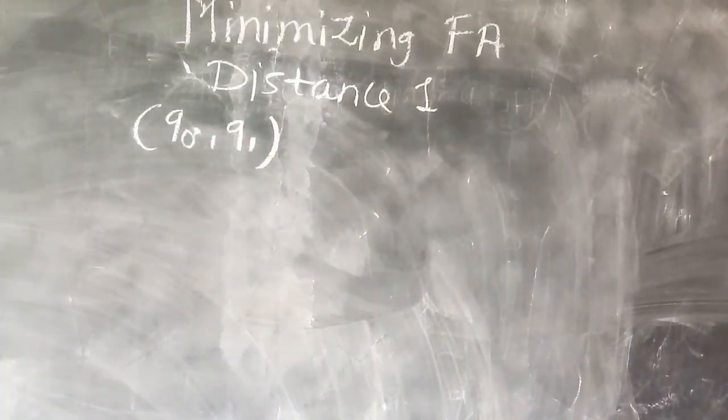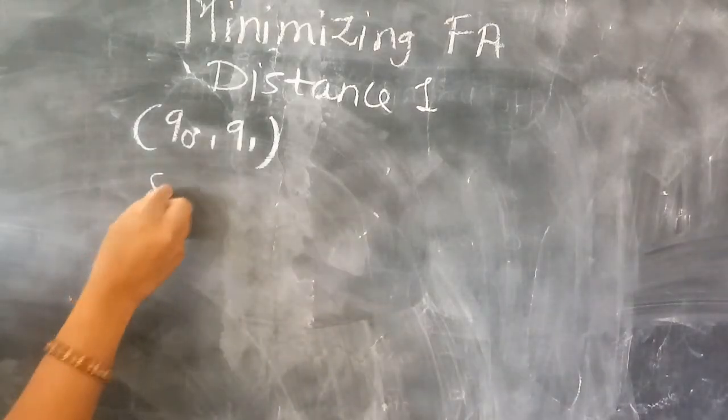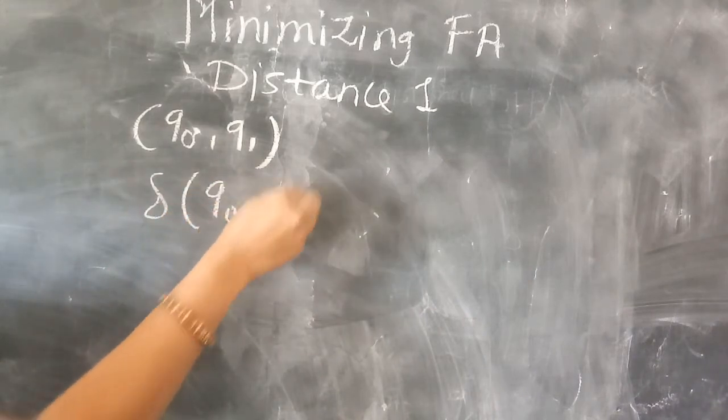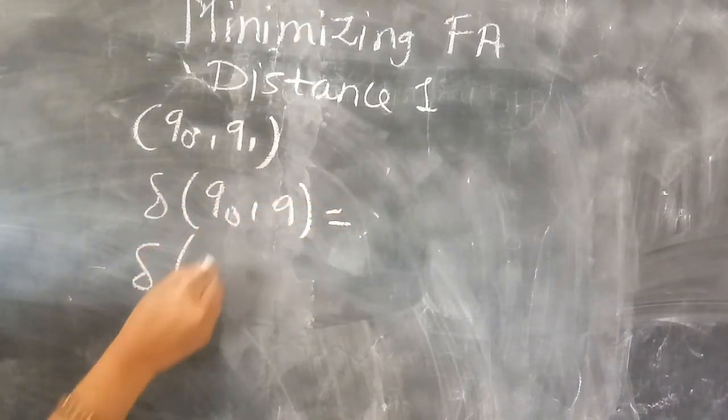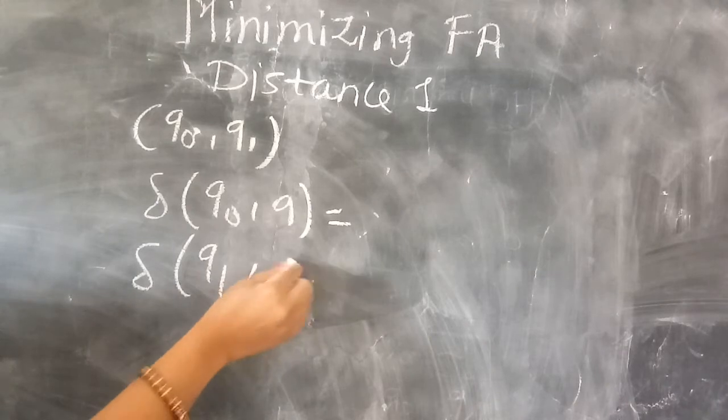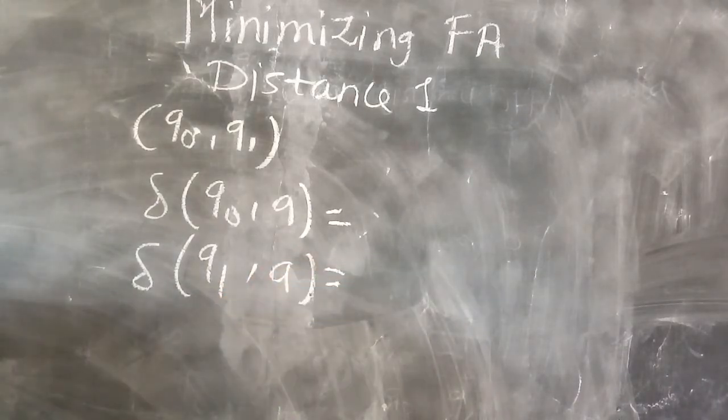Now how to find distance? You have to apply delta on both the states for the same inputs at the same time. Means you have to find delta of q0 on the same input, that is a, and delta of q1 on the same input a, and identify the outputs.